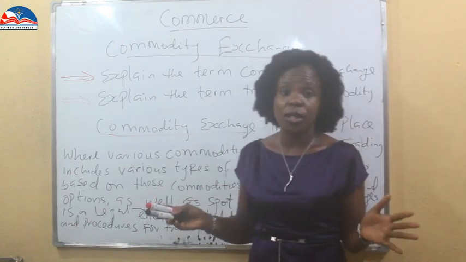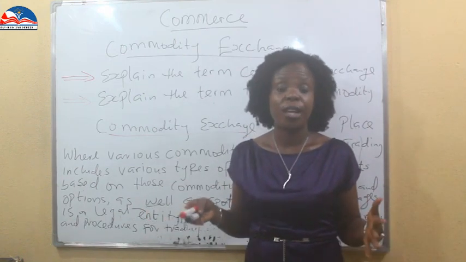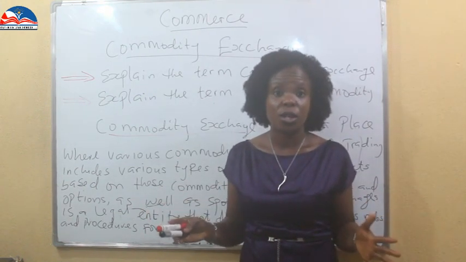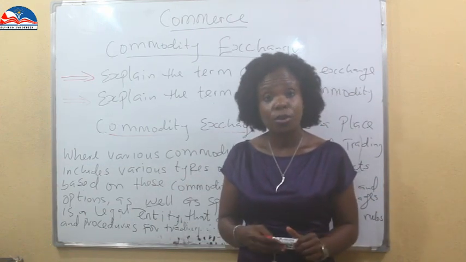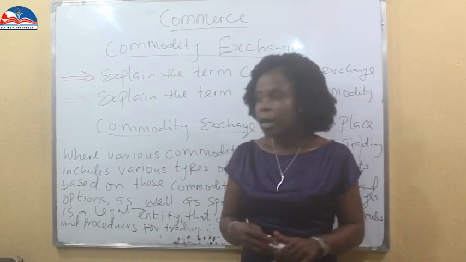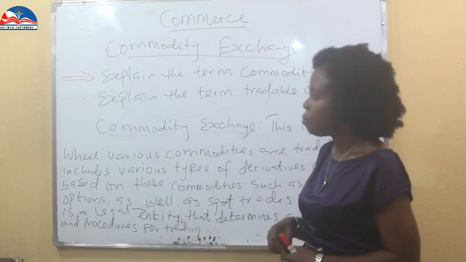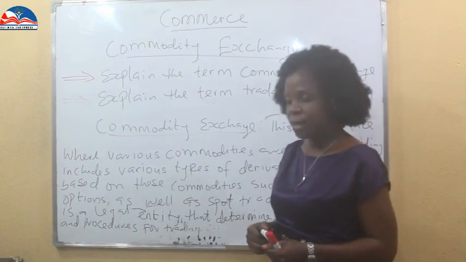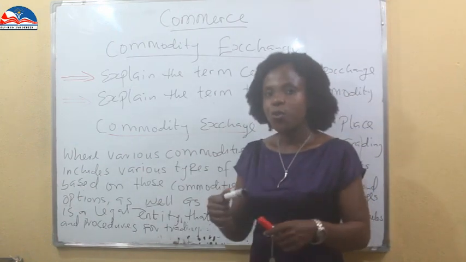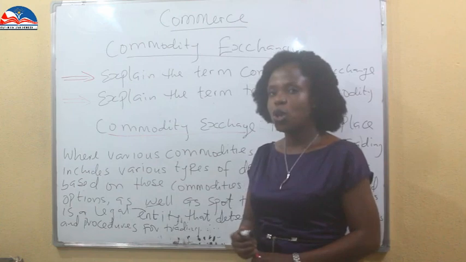So they are registered under the law, backed up by the law. They give rules, they give procedures, they give directives on how trade is to be carried out in the exchange. That is what commodity exchange means. Now we have seen what commodity exchange is, just like you will see in other exchanges we're going to talk about.